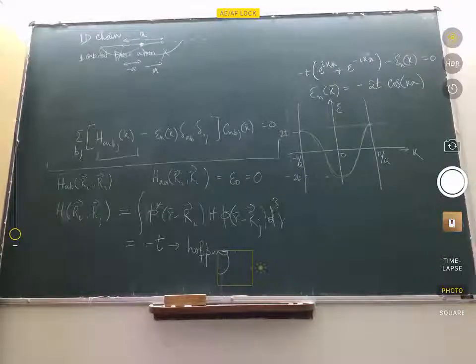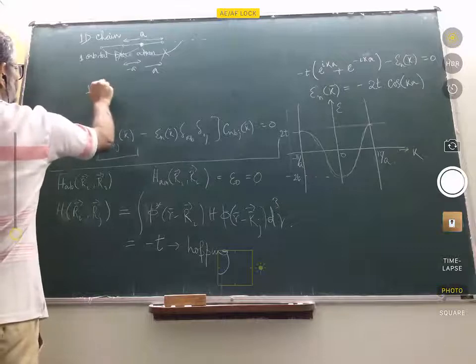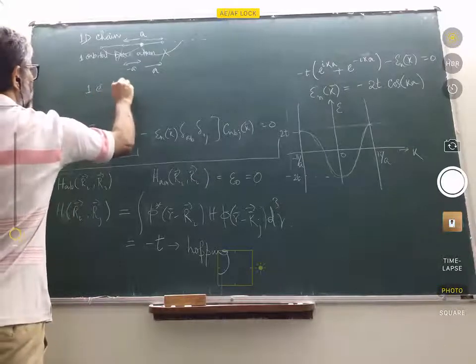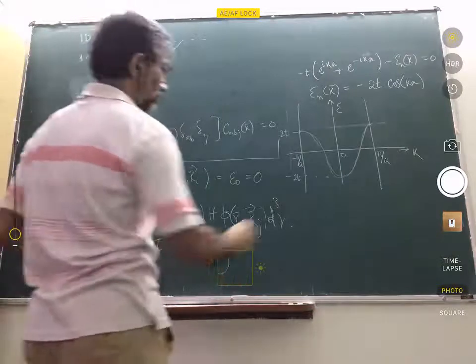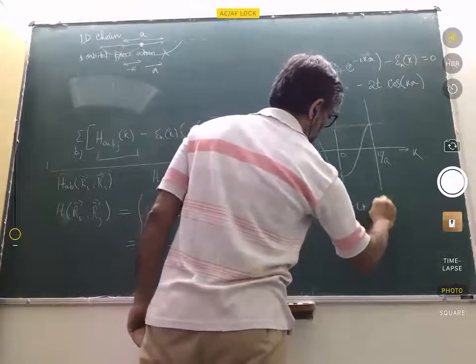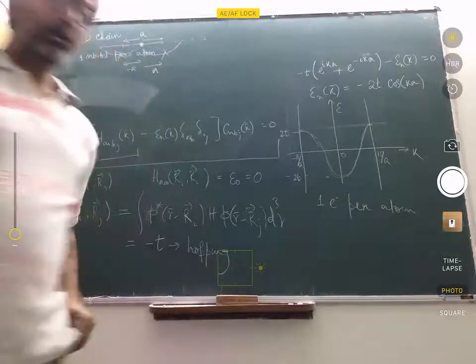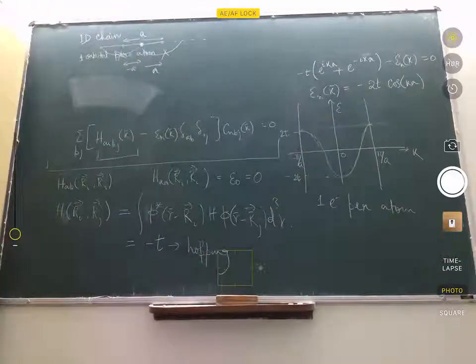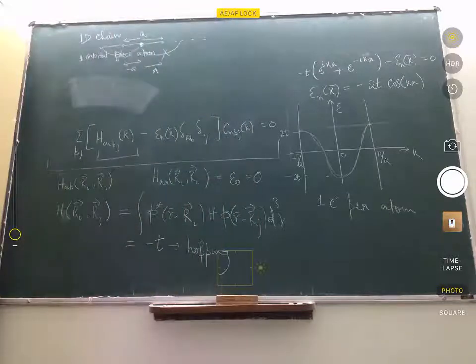If you have one electron per atom, then half the states would be occupied, right?